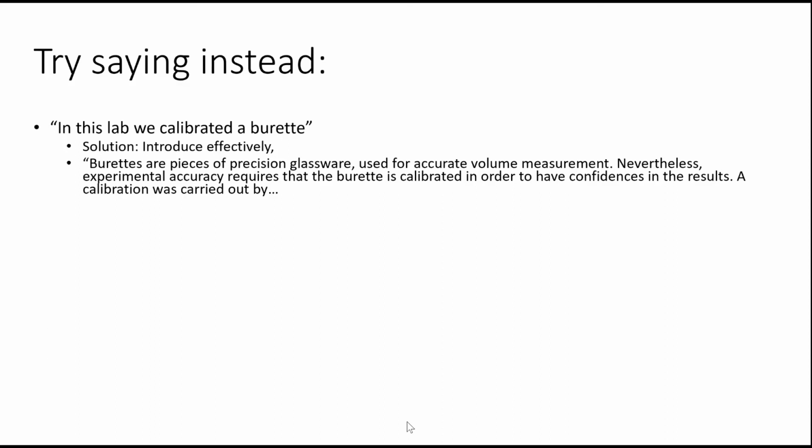Nevertheless, experimental accuracy requires that the burette is calibrated in order to have confidence in the results. A calibration was carried out by. This tells the reader what was done and maybe some motivation as to why it was being done. That's a good approach to telling the reader what is being carried out for a particular experiment.